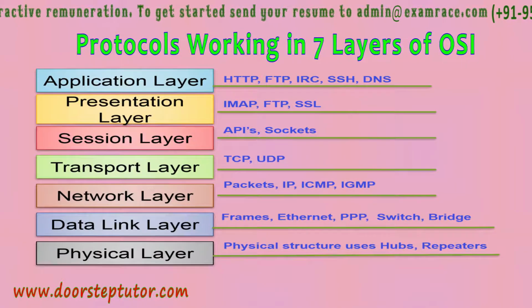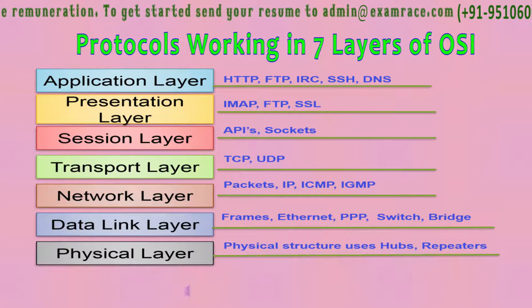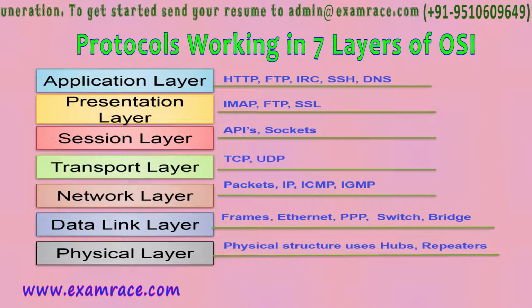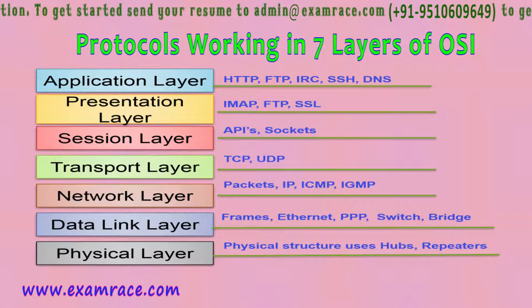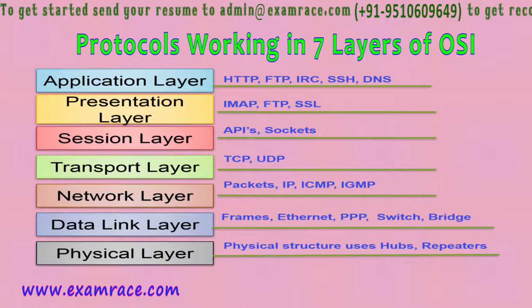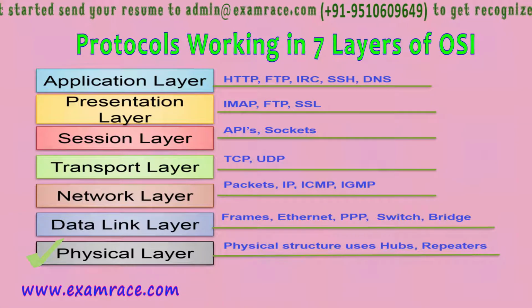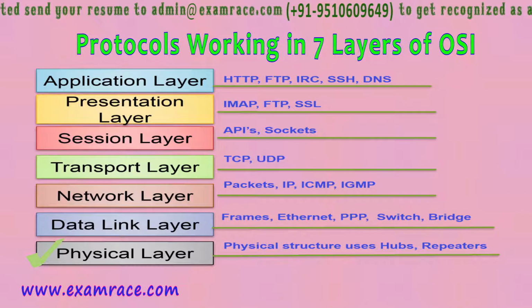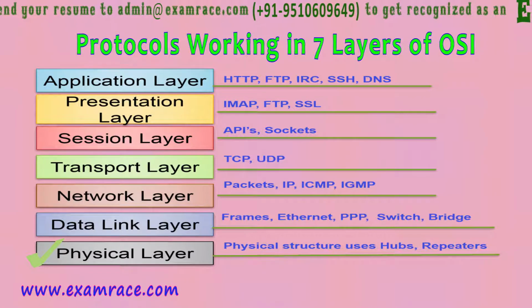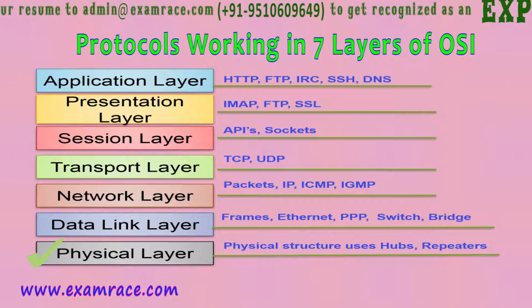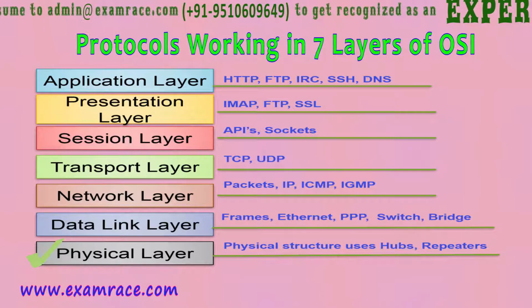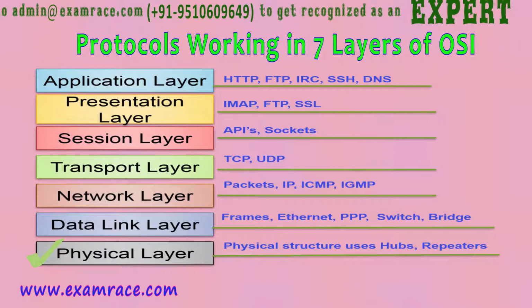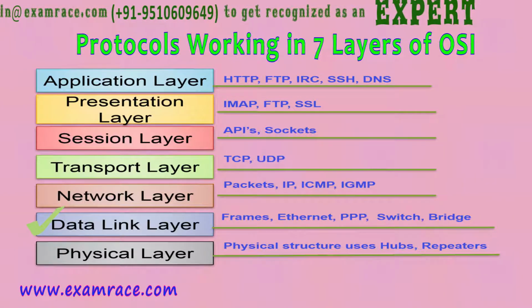Next we are going to discuss some of the very important protocols that work in the 7 layers of the OSI model. We can start from the bottom one. In the physical layer, we have the physical structures, let's say wiring, cables, hubs, repeaters; these all work in the physical layer. Next we have the data link layer.